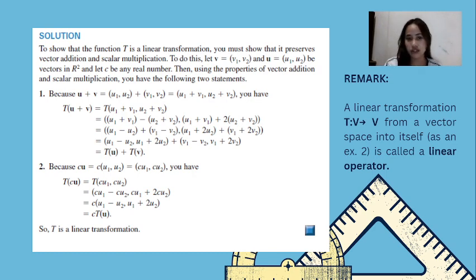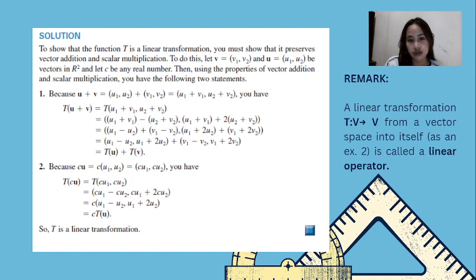Because u + v = (u1, u2) + (v1, v2) = (u1 + v1, u2 + v2), we have T(u + v) = T(u1 + v1, u2 + v2), as you can see in the presentation. This equals ((u1 + v1) - (u2 + v2), (u1 + v1) + 2(u2 + v2)).